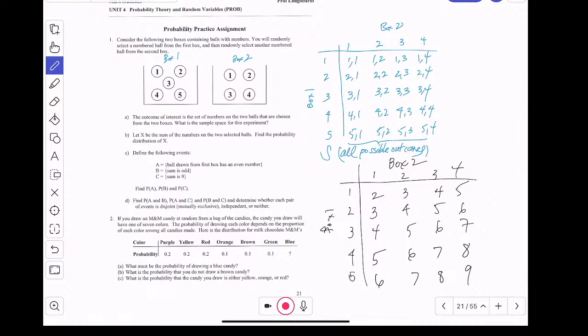And now, X is the sum of the numbers on the two selected balls. Find the probability distribution. So what I have to do is find what's a distribution. It's a list of all possible outcomes, and a probability distribution includes their probability of occurrence, the likelihood of seeing them, and how often we see it. So these are all the possible outcomes.